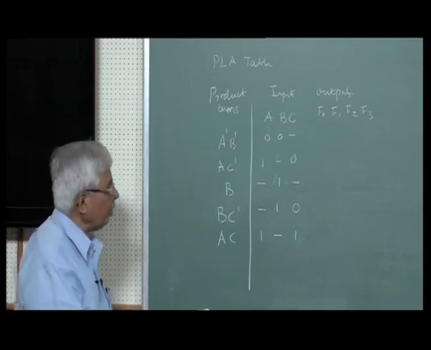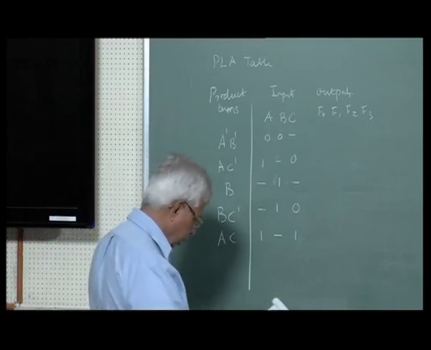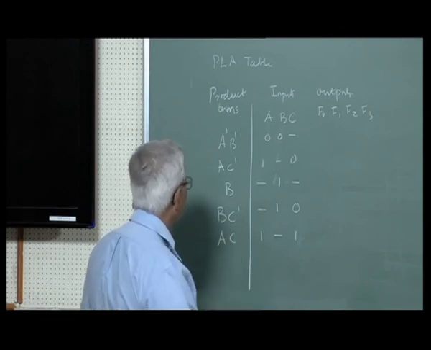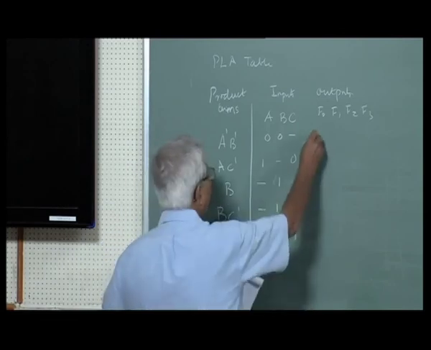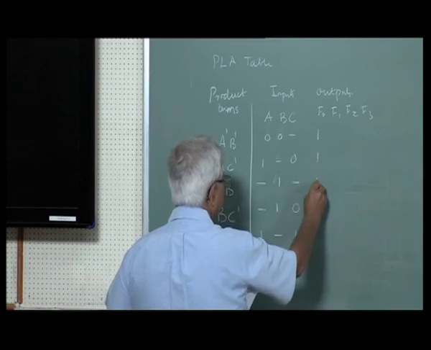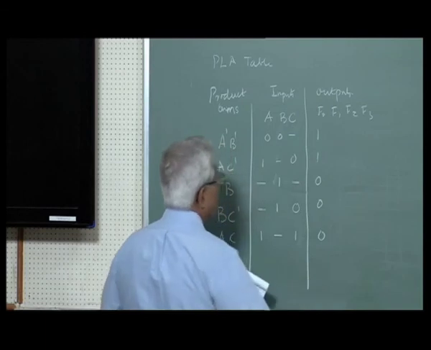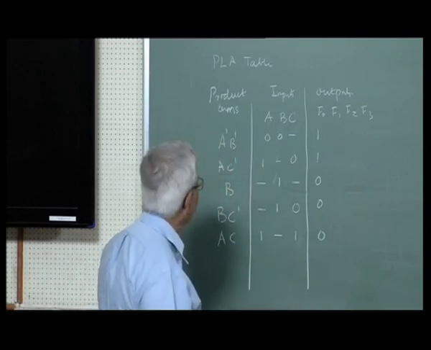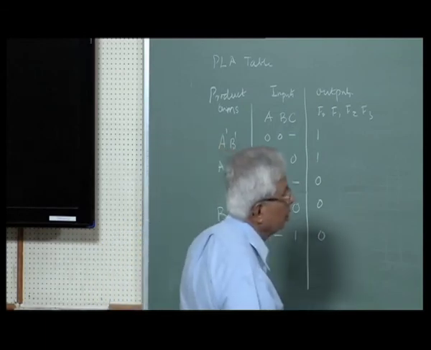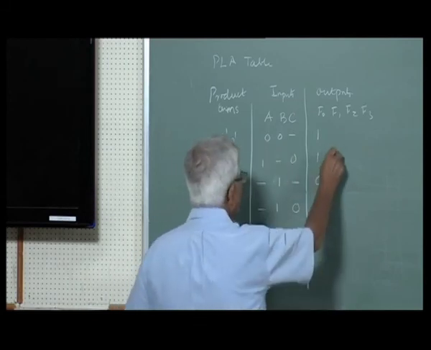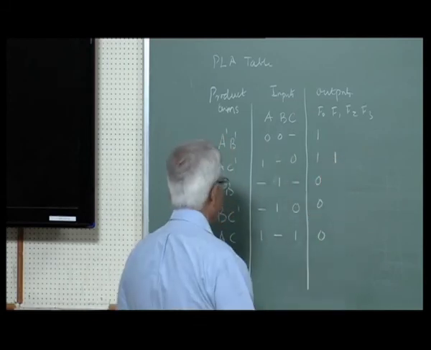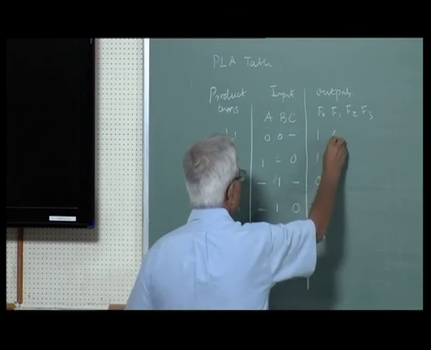Output will be, we know, F0 will be A bar B bar, these are not there. F1 will be AC bar, B, rest are not there.